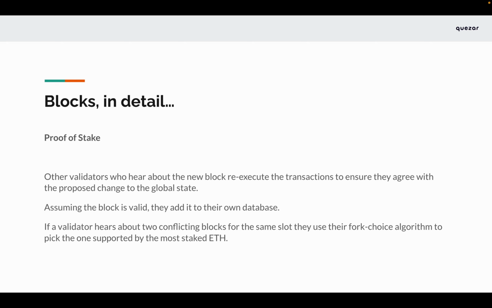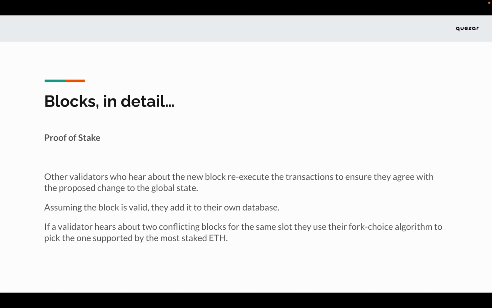The other validators receive this data from the block proposer and they re-execute all of the transactions on their own system to ensure that they agree with the state of the EVM that the block proposer has arrived at. Assuming that the block is valid, they add it to their own database and the global state is updated.